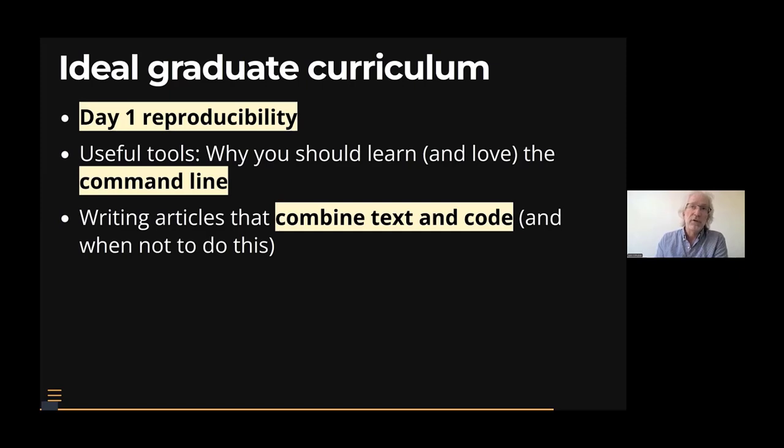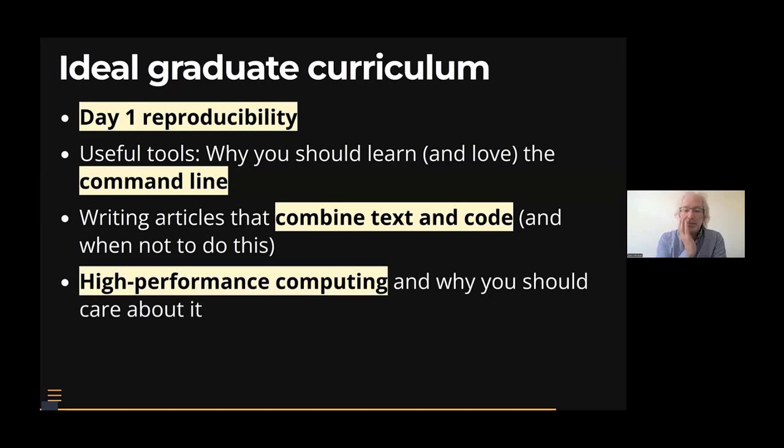But how do you still combine documents in an efficient way with the outcome of running code on data? Which then ultimately leads to some aspect of high performance computing, which you need to understand and know about, and which ultimately combines some of that command line stuff, the setup of reproducibility from day one, into something where you shouldn't let your computer, your laptop in front of you, constrain how you think about a particular problem, right?